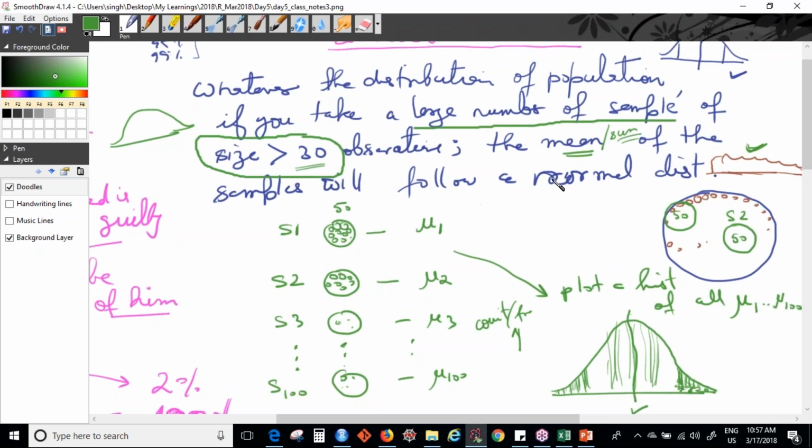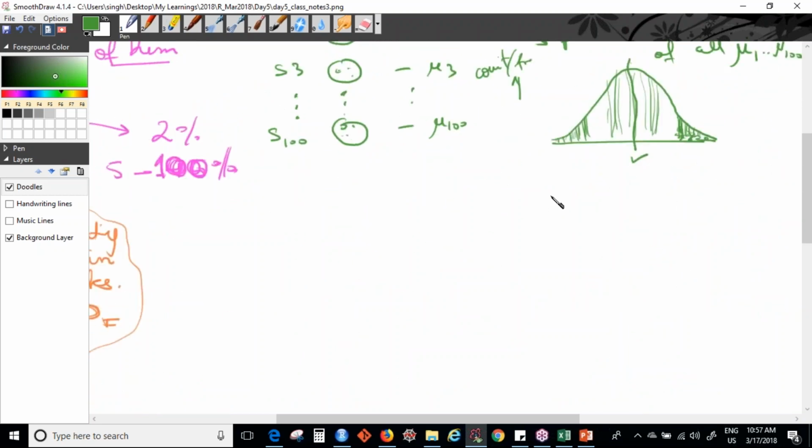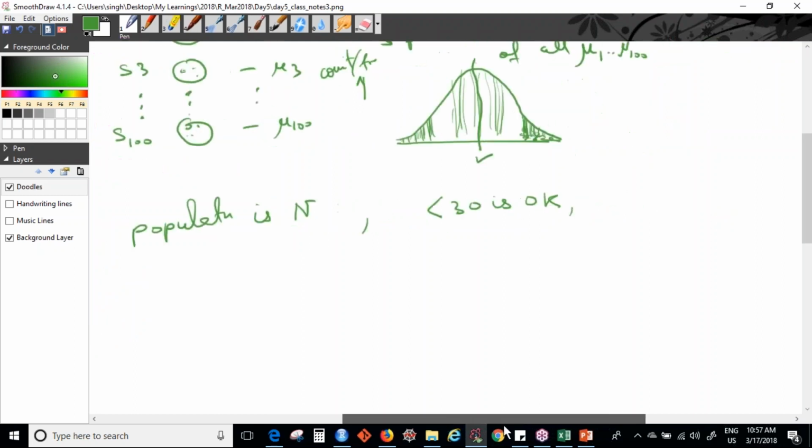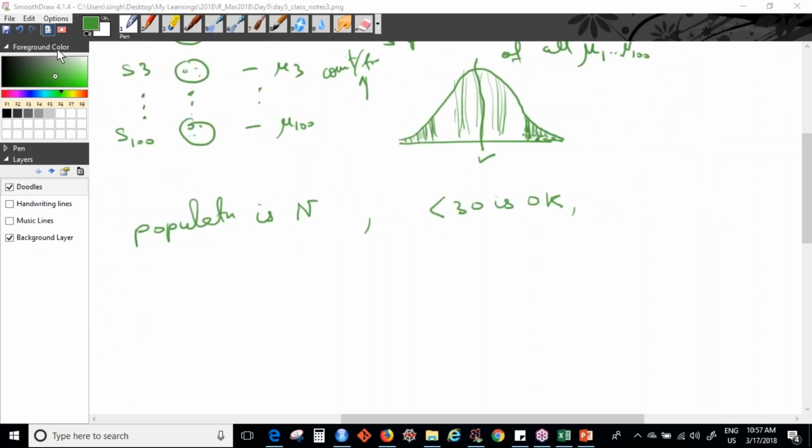Not always, but it may not be valid. If your population is normal, then you can take even less than 30. Your sample sum or mean will still be normal. If your population is normal, then your sample will always be normal.